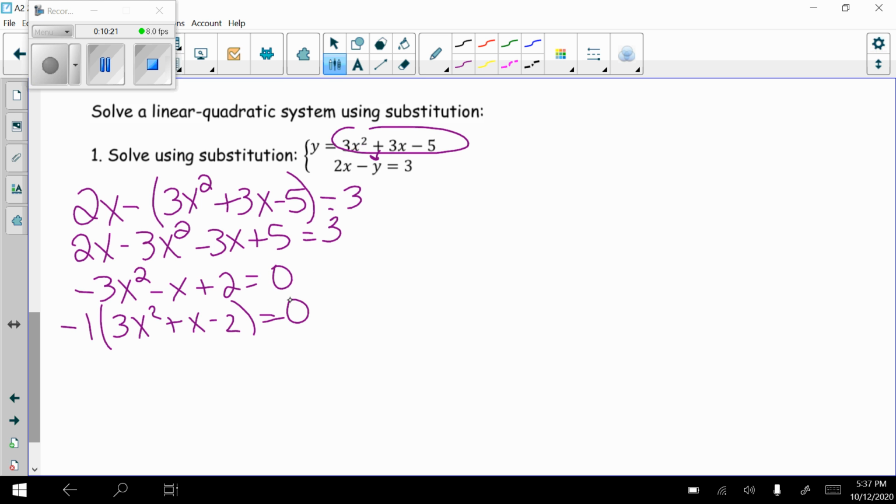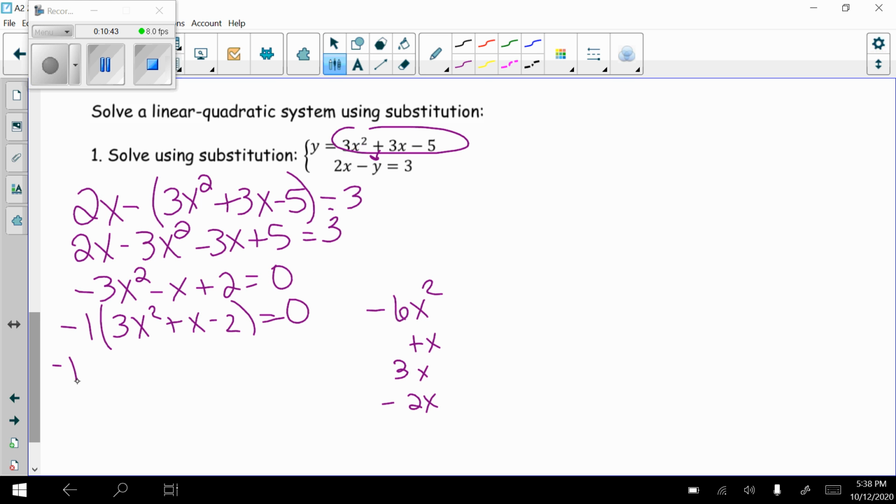I want to try to factor that. Okay. So multiply 3x squared and negative 2. So I'm looking for a negative 6x squared that adds together to get a plus x. So what can I multiply together to get negative 6x squared but add to get a positive 1x? That would be a 3x and a negative 2x.